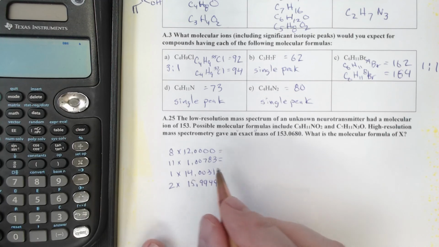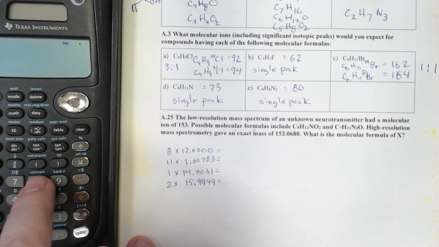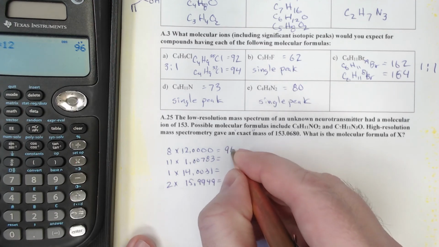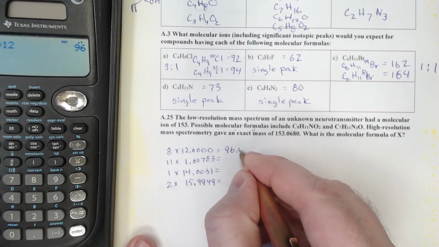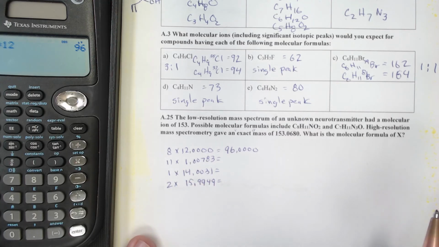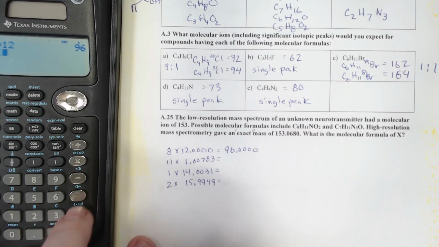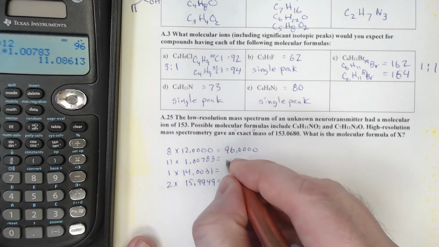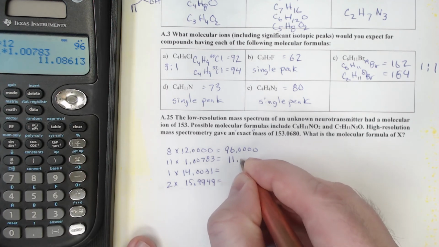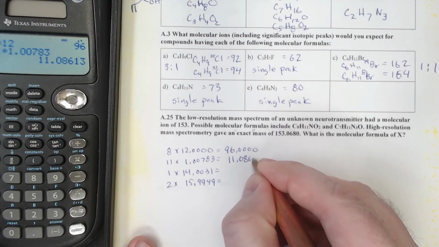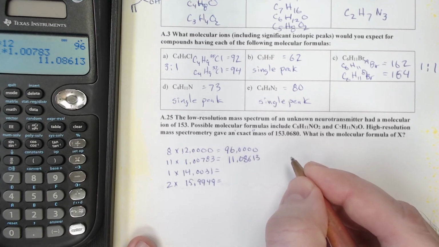Let's put all these numbers in. 8 times 12 comes out to 96. Probably didn't need a calculator for that one. 96.0000. For the hydrogens, 11 times 1.00783 gives us 11.08613.